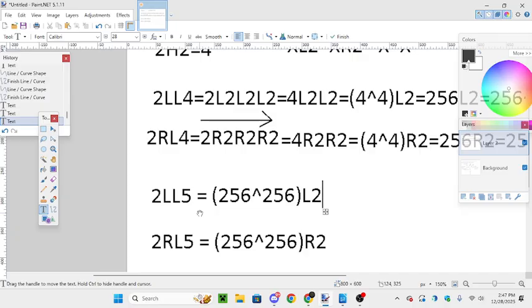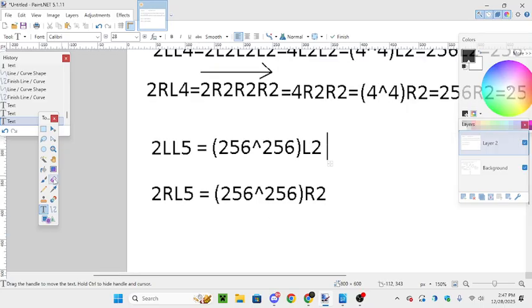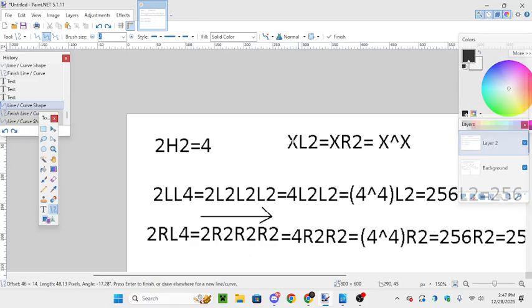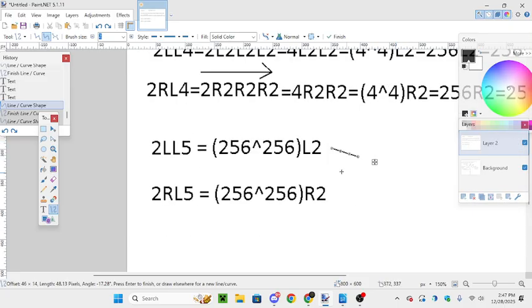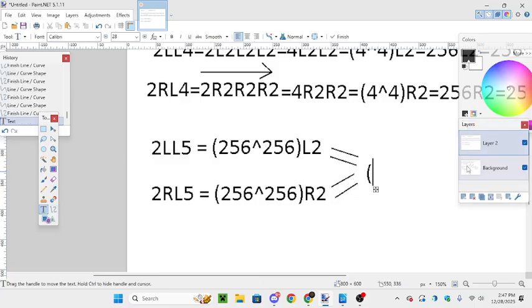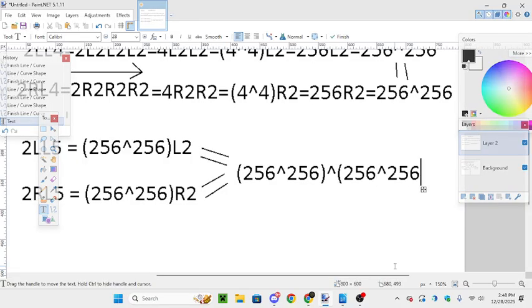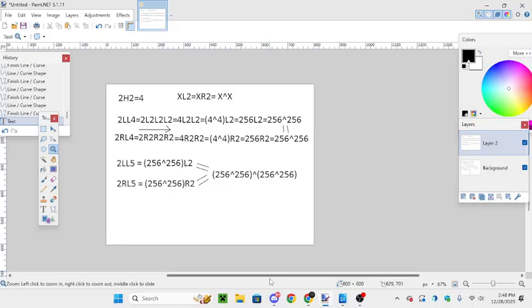And those both equal because, again, anything left tetrated to 2 is the same as anything right tetrated to 2, because this is just equal to 256 to the power of 256 to the power of 256 to the power of 256. Okay, that's a bit complicated, but I hope you see what I am seeing.